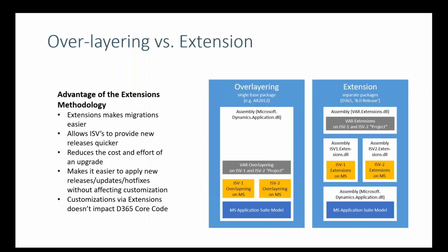We start looking at that overlaying concept. I'm not going to talk about this in a lot of detail. The slide is here for you guys to take a look at. There's a whole new concept that we have around extensions that make it so that when we start looking at upgrades, we can really do upgrades without impacting the business or trying to do a full merge process, because many of you know of the pain from 2009 to 2012, for example, or even 2012 R2 to 2012 R3, and the development effort related to that.